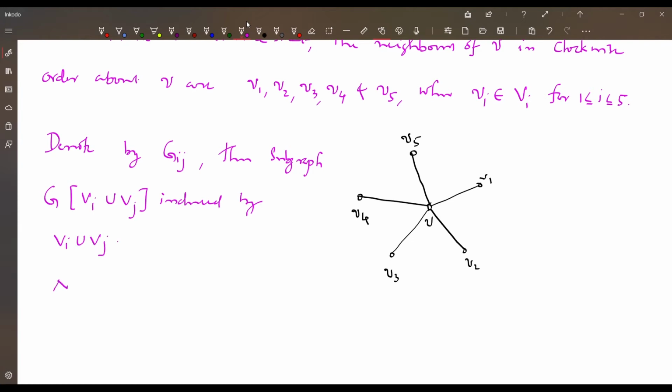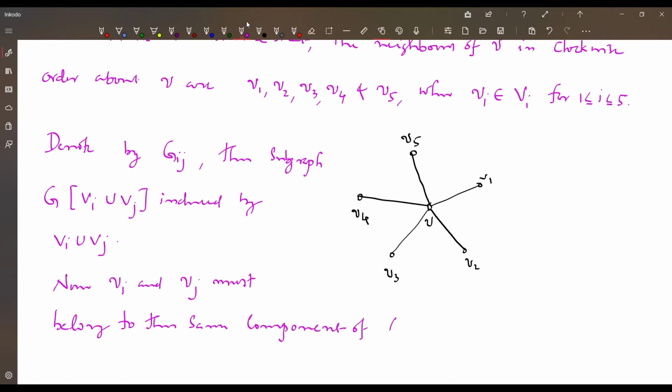Now, Vi and Vj must belong to the same component of Gij.